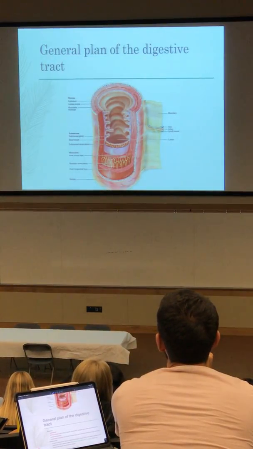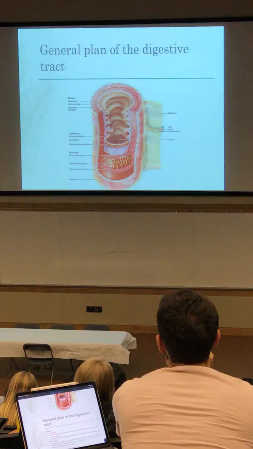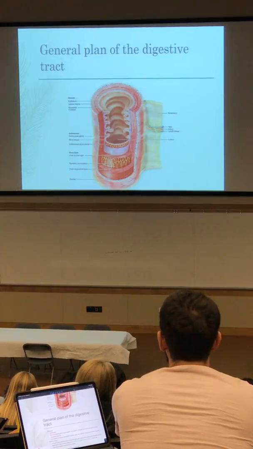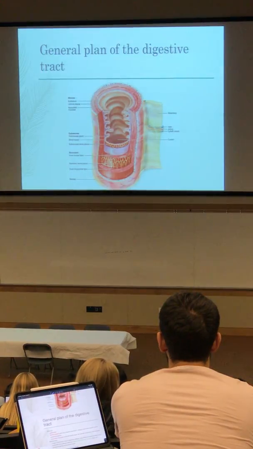Submucosa, again, is a layer of connective tissue with large blood vessels, nerves, lymphatics, and in the digestive tract, we have a special nerve plexus, which we call the submucosal plexus, that governs several things. It stimulates the muscularis mucosae layer to contract. It also stimulates glands to secrete, and it also has some sensory fibers in it.